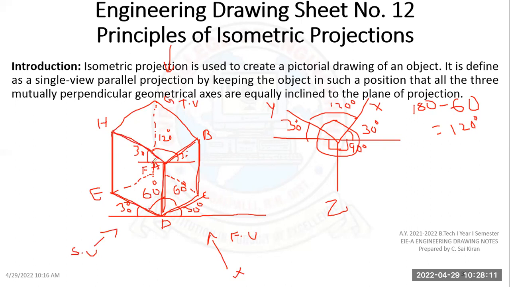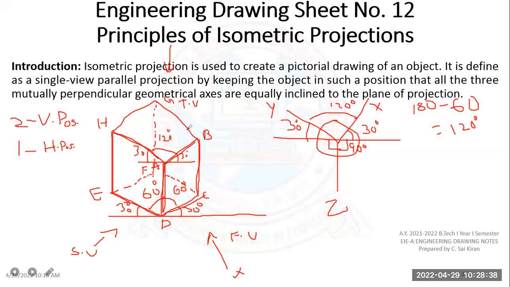So there are two vertical positions for an isometric view. This is vertical position. And if you see the horizontal position, there is only one horizontal position.